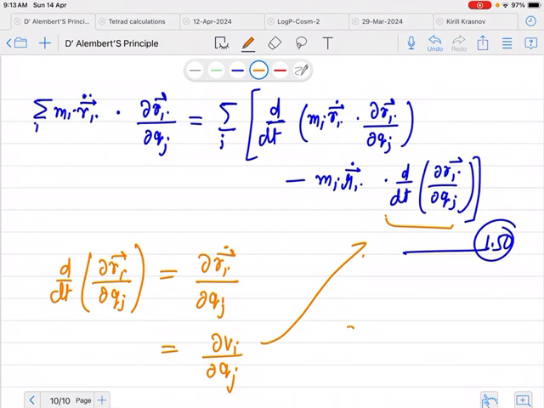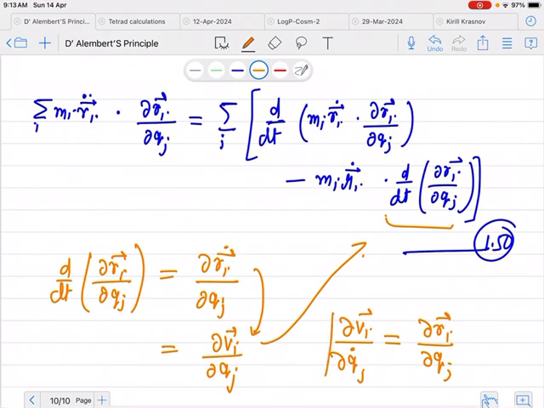You can verify that del Vi over del Qj dot is equal to del Ri over del Qj. As these expressions are equal, similarly these expressions are also equal. You can verify yourself, and if you didn't understand, you can comment and ask. I am deliberately not explaining this part.